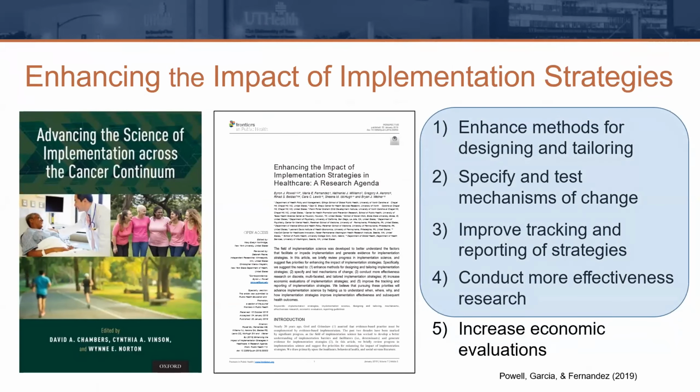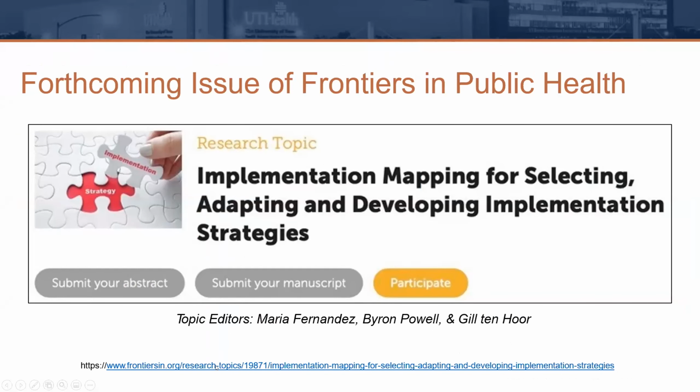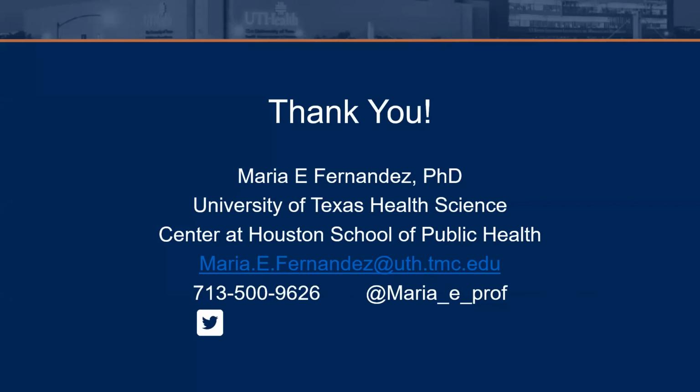And I'll just end by saying that, when we think about how we enhance the impact of implementation strategies, implementation mapping actually does several of these things. It helps us specify the mechanisms, improve the tracking, and conduct more work. I mentioned also that there's this forthcoming issue in Frontiers in Public Health, and that's going to give more examples of using implementation mapping for planning implementation strategies.